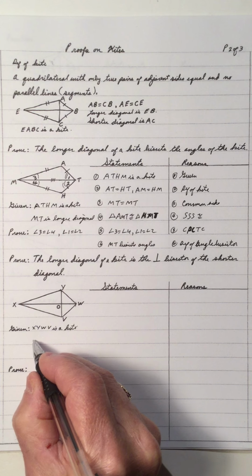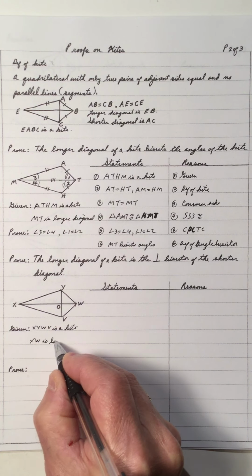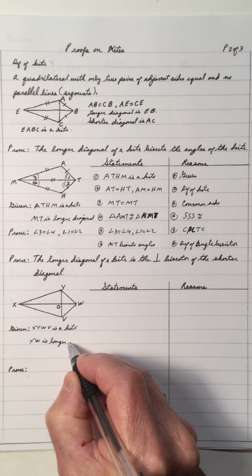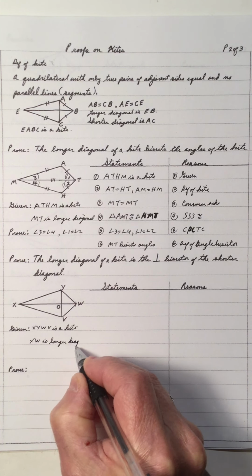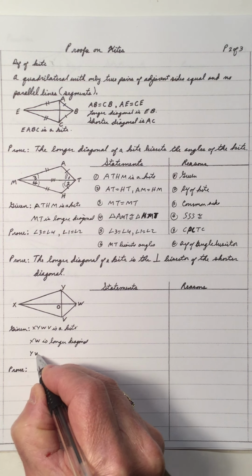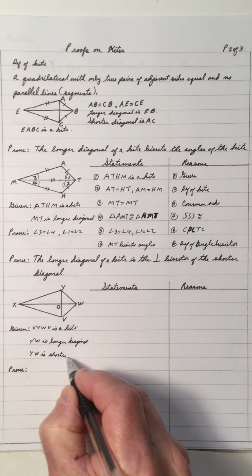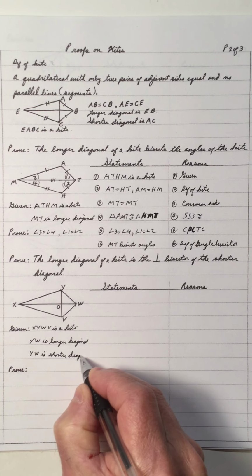And we have XW is the longer diagonal. And that means that YV is the shorter diagonal.